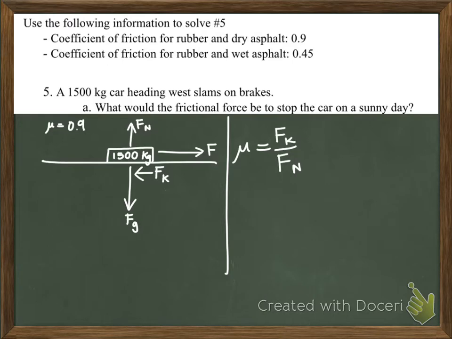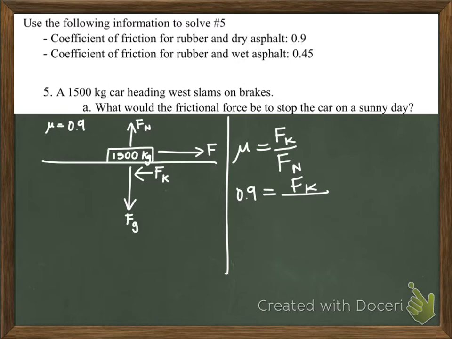We know that mu is going to be 0.9 equals the kinetic force, right? We don't have the kinetic force. That's actually what we're looking for, but we do have the normal force, or we can figure it out.